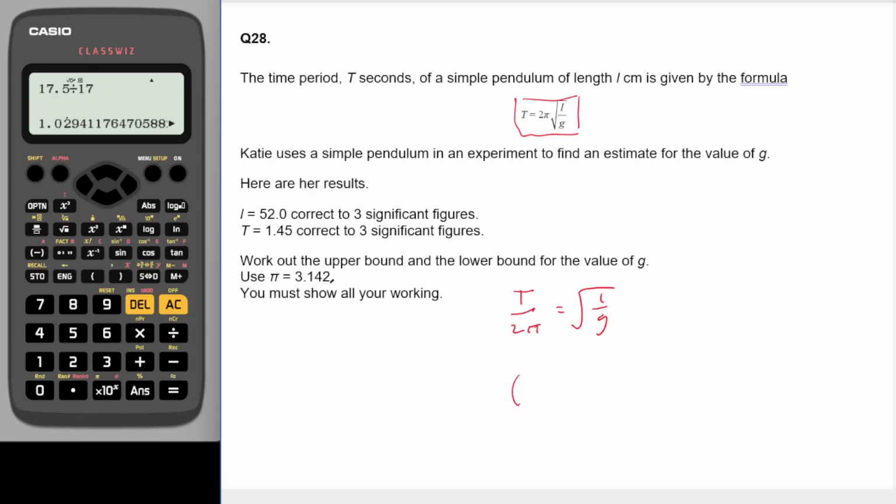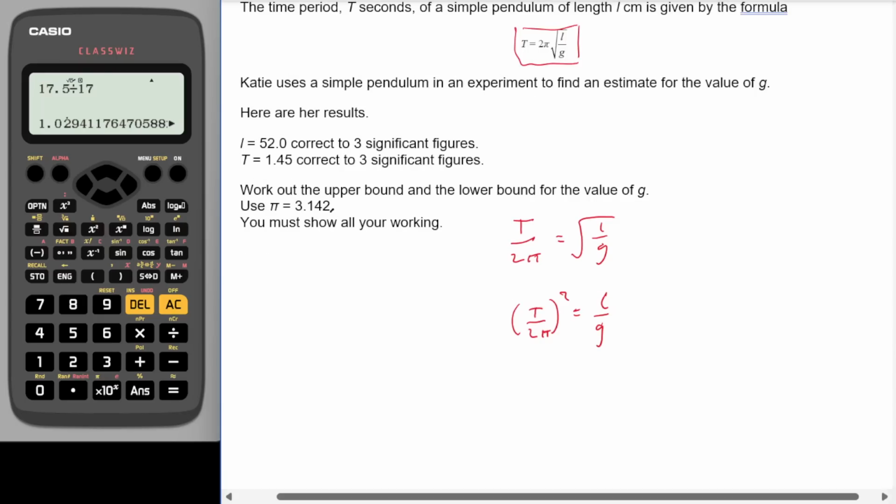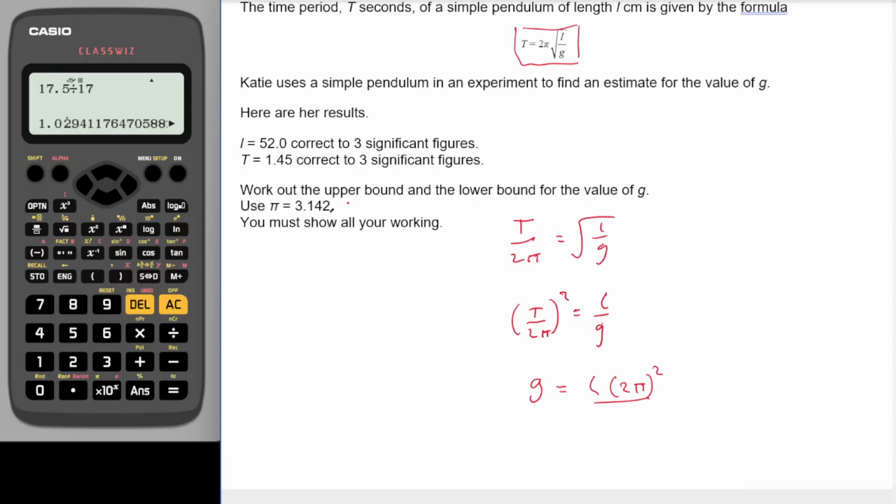So T over 2 pi squared is going to be equal to L over G. So G is going to be equal to L times 2 pi squared over T squared.